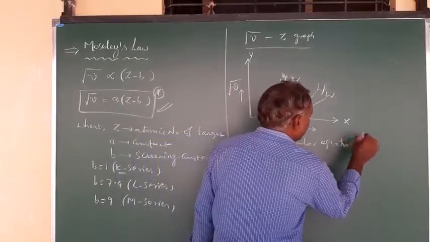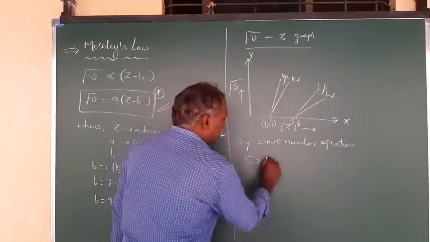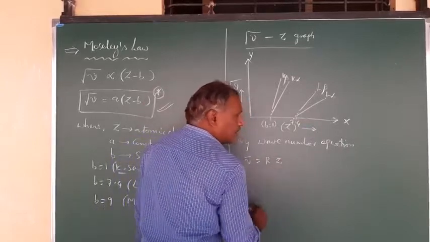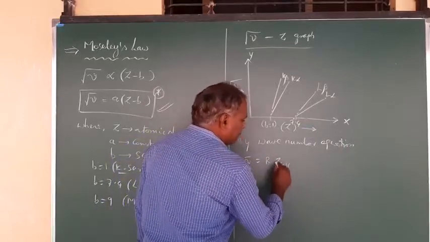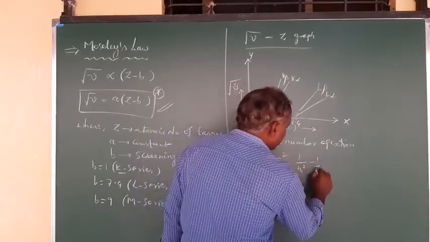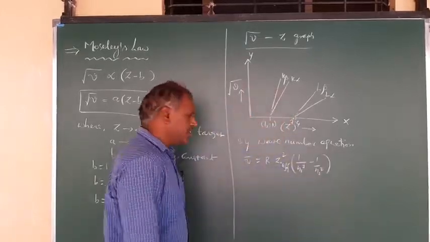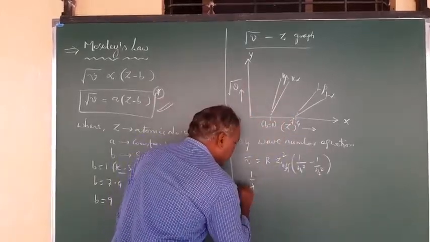Nu bar is equal to R Z square, here Z is Z effective square, into 1 upon N1 square minus 1 upon N2 square. It is in meter inverse, right? So this can be written as 1 upon lambda.